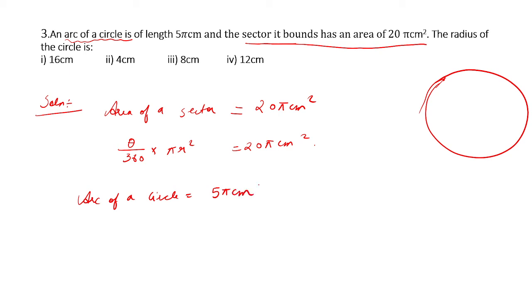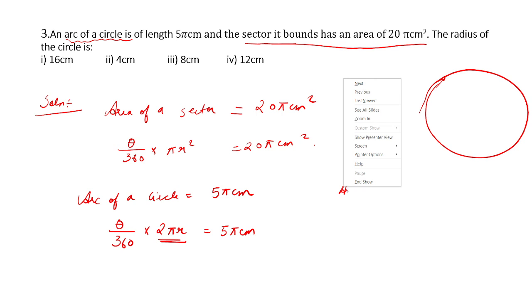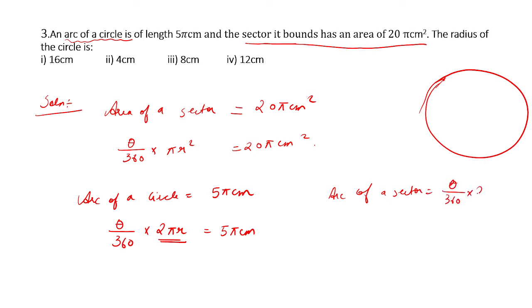Clear? All right, so the arc of a circle is going to be theta by 360 into 2 pi r equal to 5 pi centimeter. This is the difference, 2 pi r, because they are talking about the arc of a circle. Clear? Area of a sector formula is theta by 360 into pi r square.